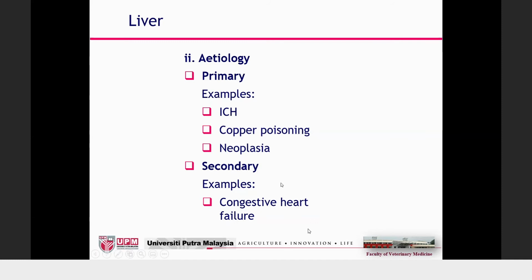The secondary, an example is congestive heart failure. This is more of a non-infectious agent because of back flow of the blood from the portal vein. And I mentioned earlier, anything that leads to septicemia or bacteremia might lead to secondary infection of the liver.